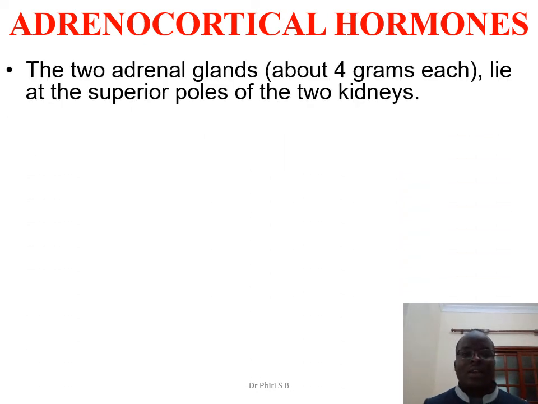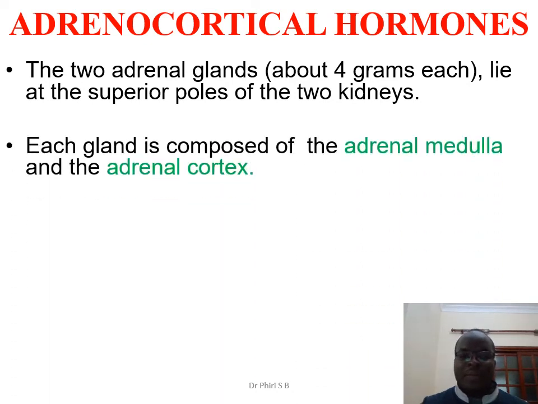The adrenal cortical hormones are the hormones that are produced by the adrenal glands. The two adrenal glands are about 4 grams each in terms of weight. They lie at the superior poles of the kidneys.